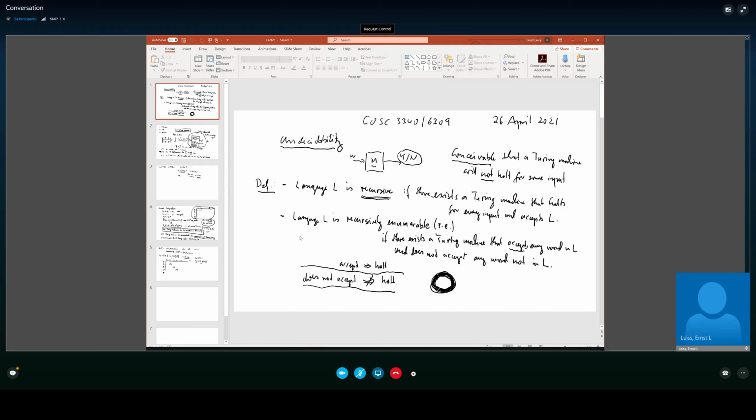Every language that is recursive is also recursively enumerable, but not every recursively enumerable language is recursive. Okay? Did I now confuse everybody?